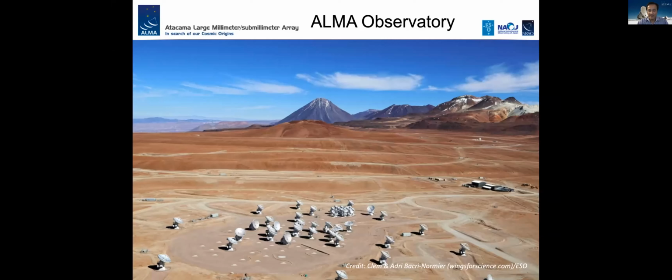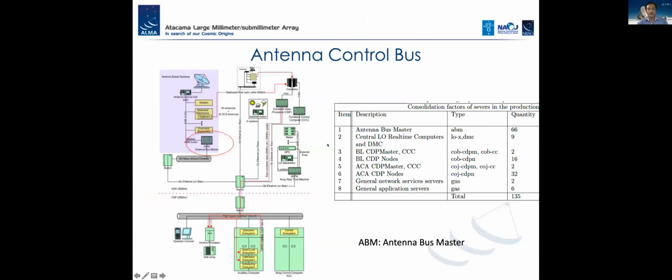One of the main problems that we are trying to mitigate is the antenna control bus. On the left, you can see the diagram. Inside each antenna, there's a real-time computer that we call the antenna bus master.